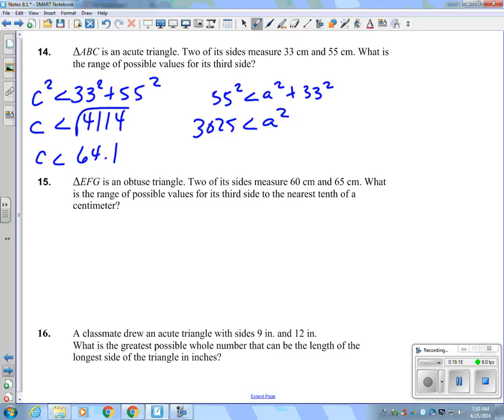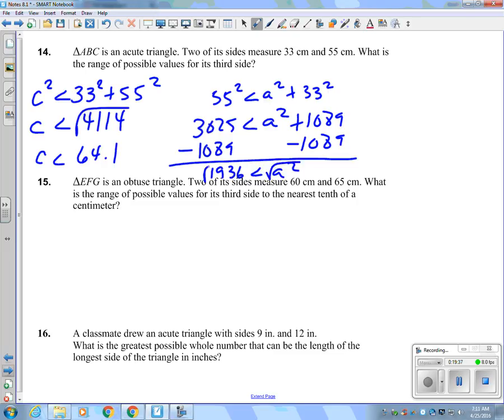And 33 squared is 1089. So if we take away that, take away 3025, we get 1936. So let's square root that. The square root of 1936 is 44.